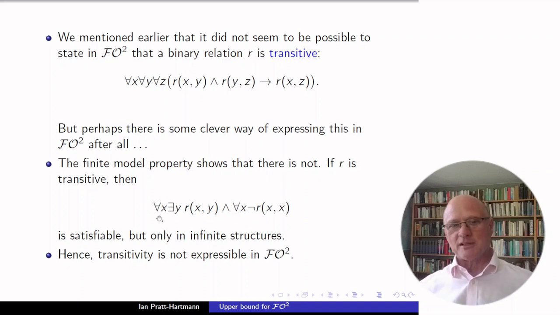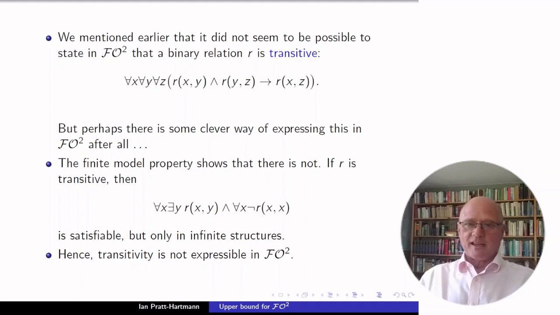Let's have a look at this formula. It says that for all x, there exists a y such that Rxy. So everything is related by R to something. R is serial. And this formula says that nothing is related by R to itself. So it's pretty clear that if you take any object in any model, it has to have an R witness, that has to have an R witness, that has to have an R witness, and so on and so forth.